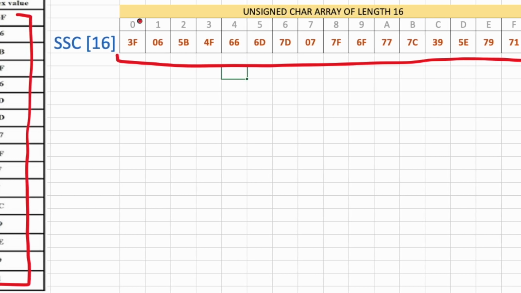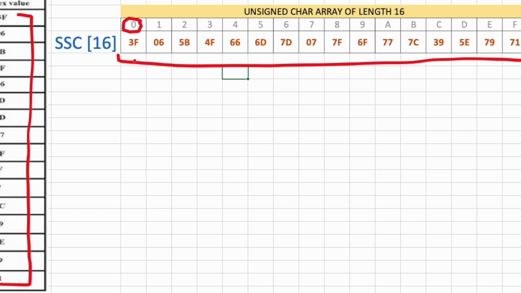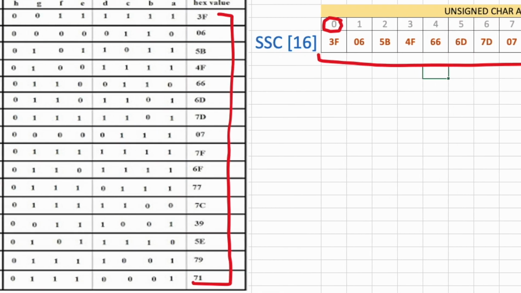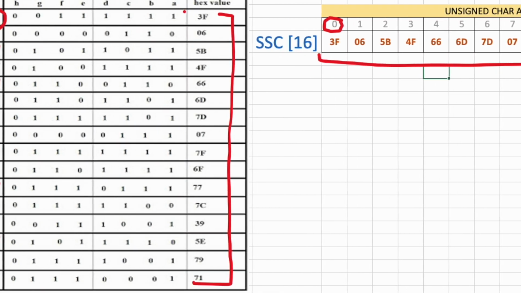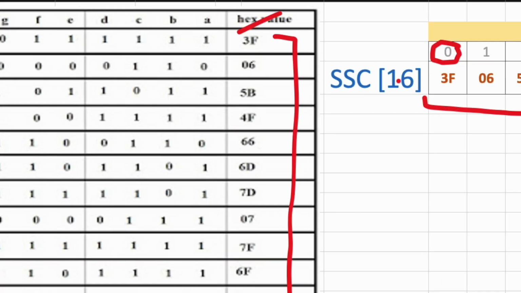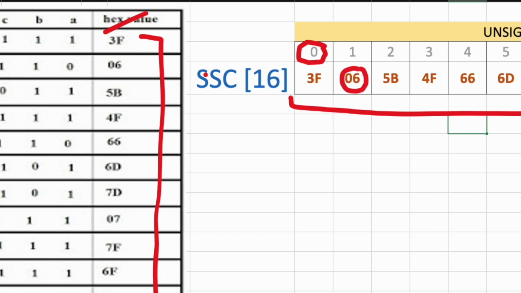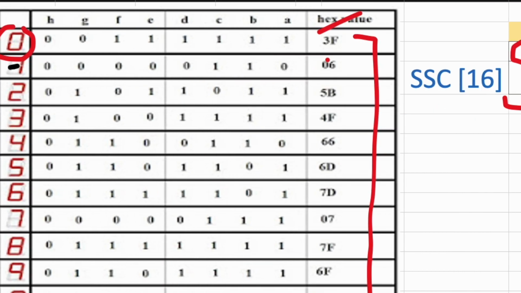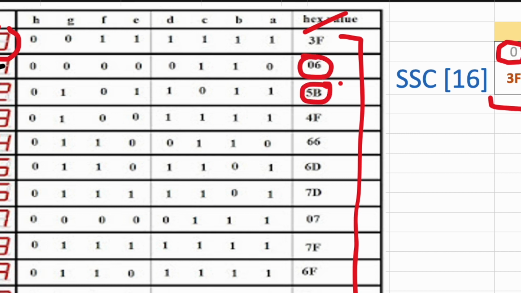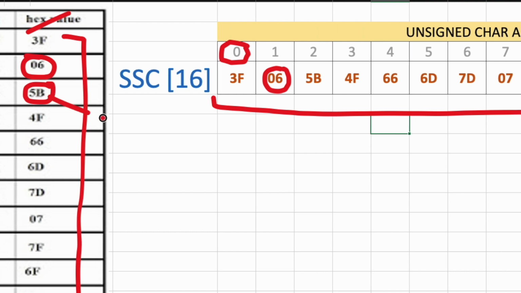The 0th element of this array is expected to store the 7-segment code of 0, which is 3F, and the first array position, 01, refers to the data stored for number 1, which is correspondingly 06, and for 2 we see 5B, for 3 we have 4F.